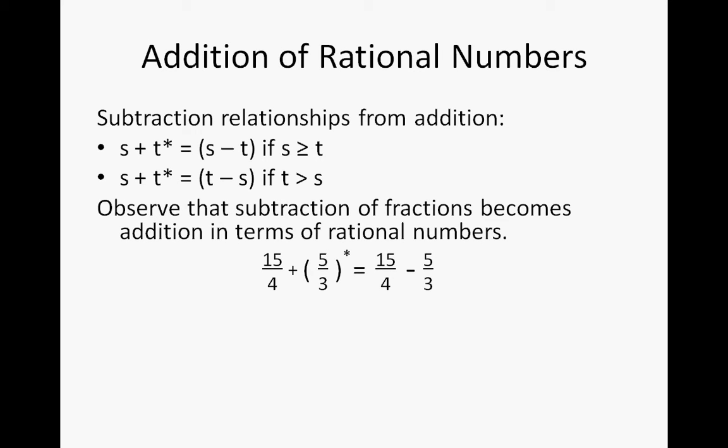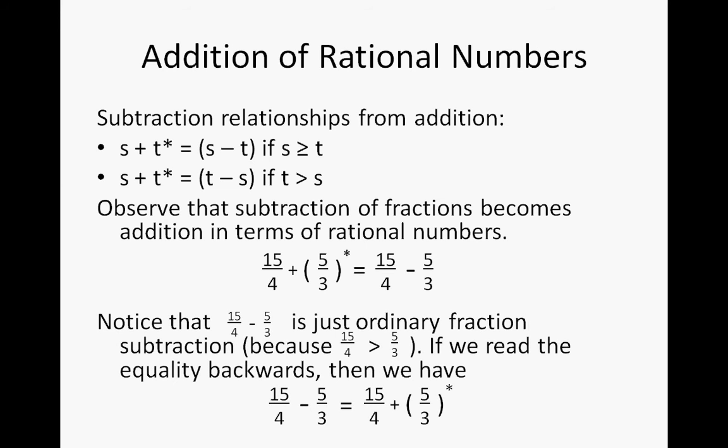So if you observe the fact that subtraction of fractions becomes addition in terms of rational numbers, then for example 15/4 plus 5/3 star is the same as 15/4 minus 5/3. Well, all that is just ordinary fraction subtraction, because 15/4 is greater than 5/3.